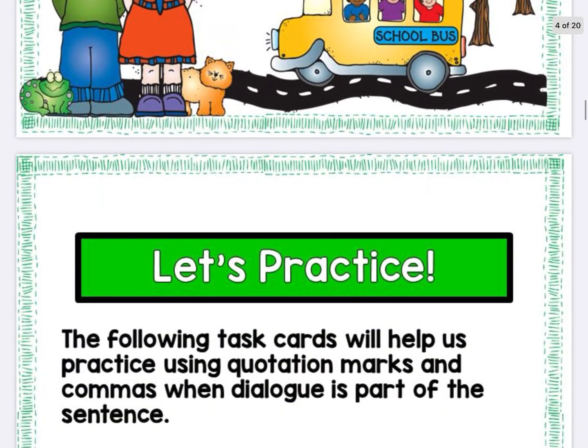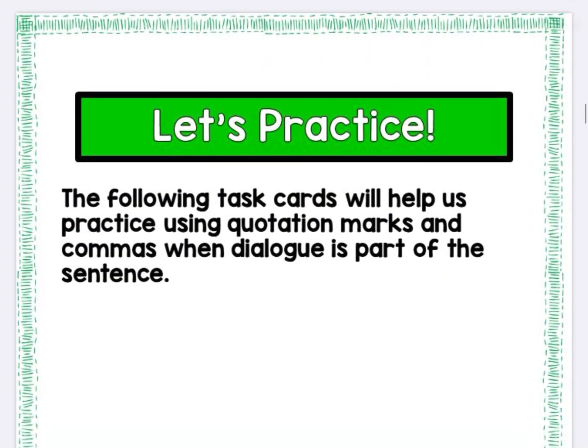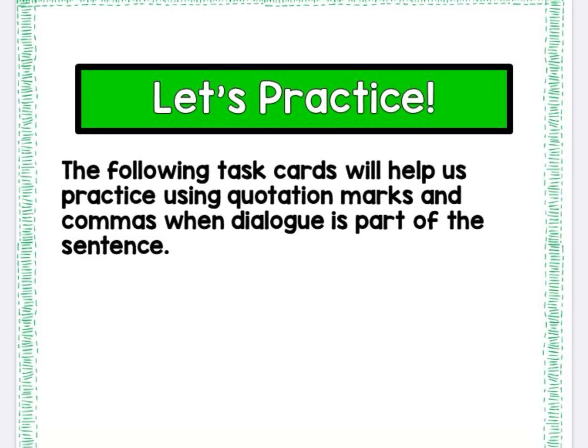All right? Okay. So what you're going to do is, I have some task cards right underneath this video. You're going to click on the task cards, and you're going to be retyping sentences the correct way with commas and quotation marks.